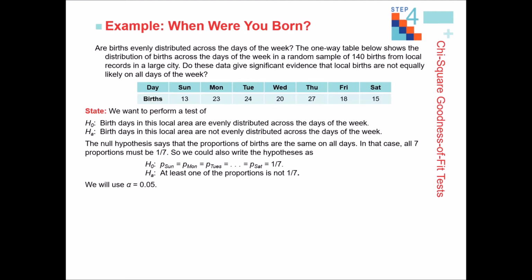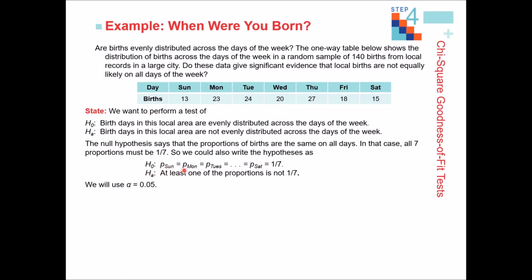So the null hypothesis can also be written as, the proportion of births on each day is 1/7. So we can also write the hypotheses like this.